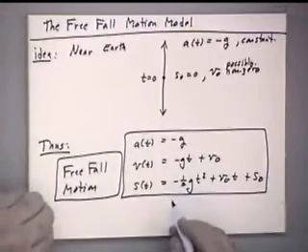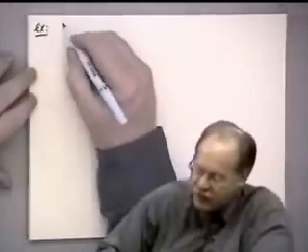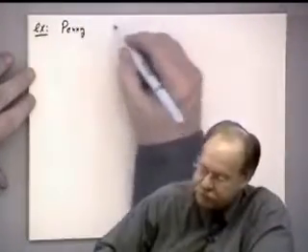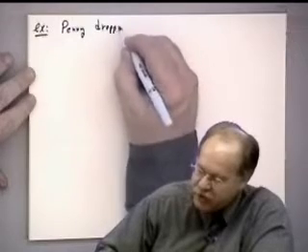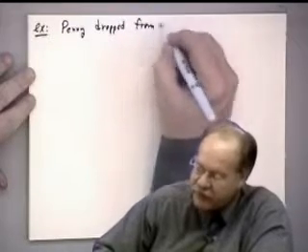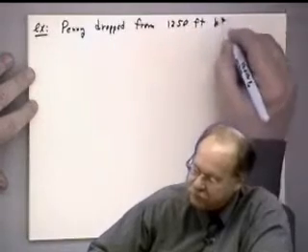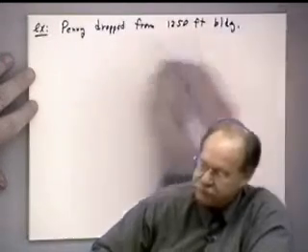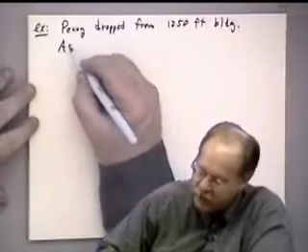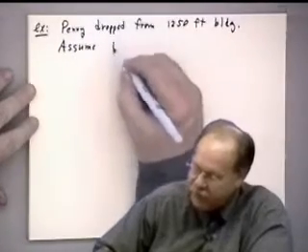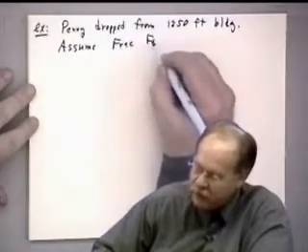Let us look at an example of this so you can see how this is used in practice. Suppose we have a penny, and this penny is dropped from the top of a 1,250-foot building. Let us assume that the free fall model holds.